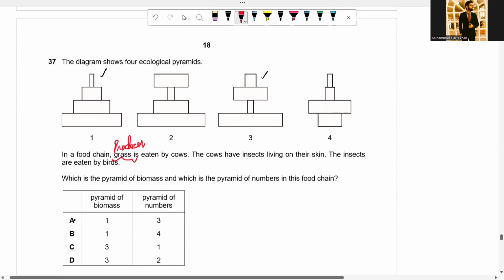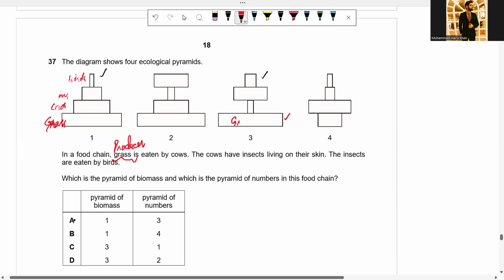The producers will be eaten by the cows: grass, cows, insects, and birds. This is the pyramid of biomass for these four organisms, and this is the pyramid of numbers for these organisms.